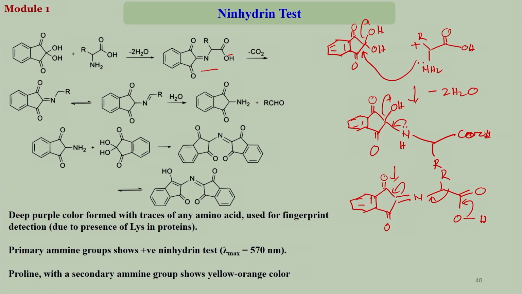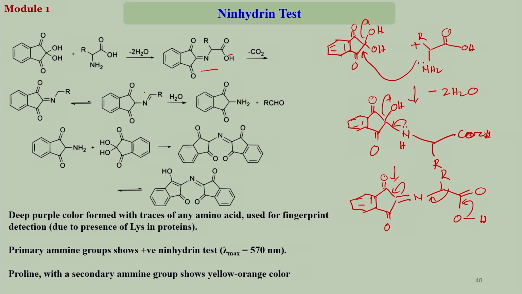Again, since you have electron withdrawing carbonyl groups, they make this carbon electron deficient, so it can attract electrons. You will get this form first with a double bond here, and then it gets resonating structures. This is more stable, so it will form this compound, and now the presence of water will hydrolyze this bond.